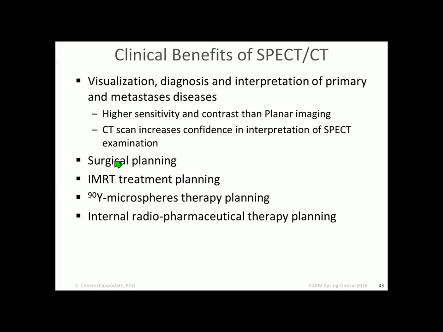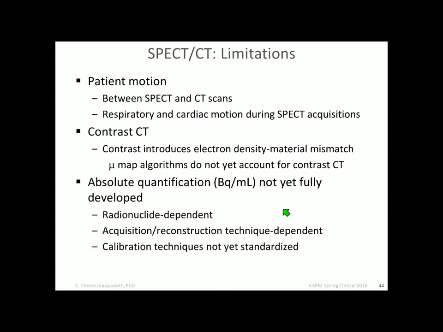I can give you examples of how there's a role in surgical planning, IMRT treatment planning, Y90 therapies, and some radionuclide therapy planning. Okay. There are some limitations. One of them is the spatial motion between the SPECT and CT scan. And unlike PET, in SPECT we have not really incorporated management of motion very well.